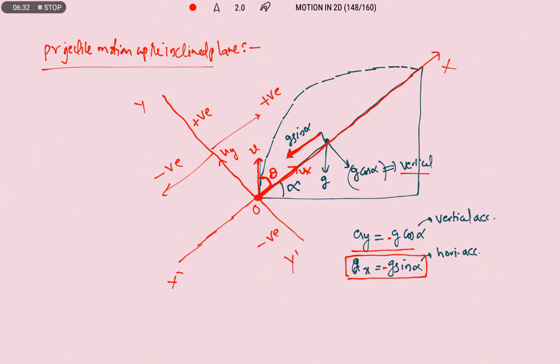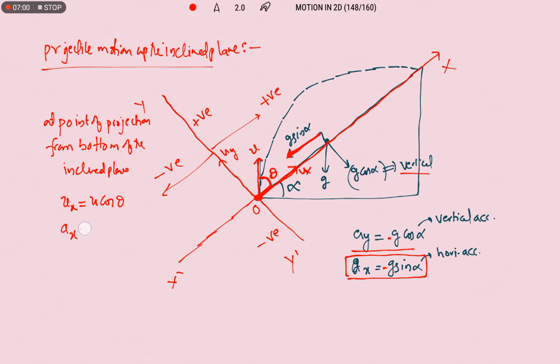At the point of projection from the bottom of the inclined plane, the horizontal velocity ux equals u cos theta and the horizontal acceleration ax equals minus g sin alpha. Now the vertical velocity and vertical acceleration: the vertical velocity is uy equals u sin theta, and in the same way its acceleration ay equals minus g cos alpha.